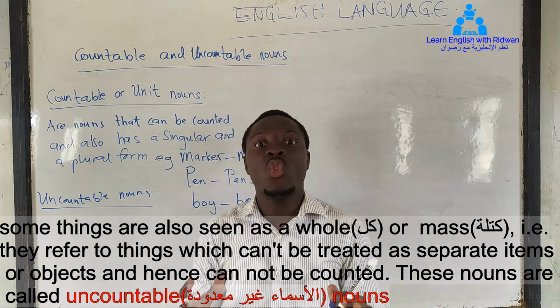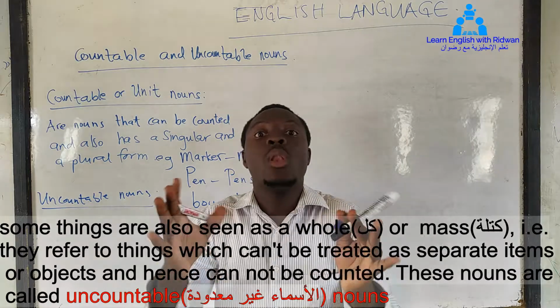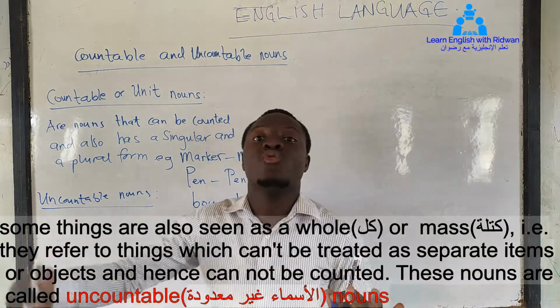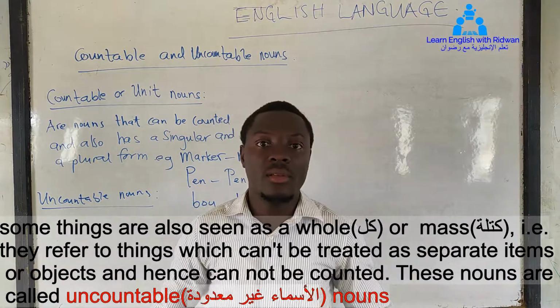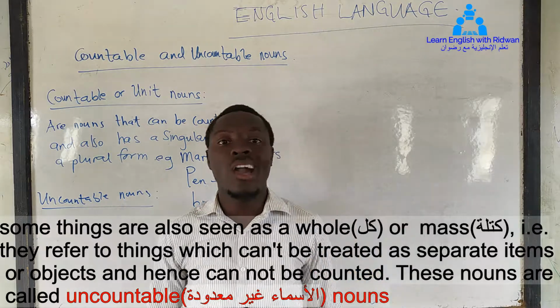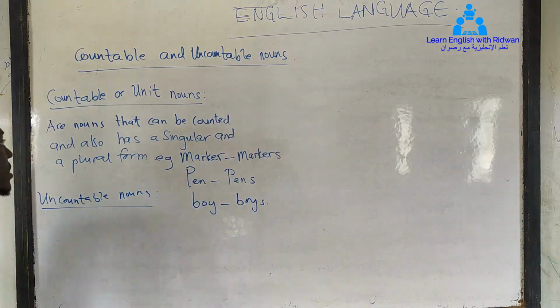هي يعني ينظر إلى الأسماء ككل أو كتلة. فهذا هو، ولا يمكننا الفصل عن بعضها ببعض، لذلك سميت ماذا؟ uncountable nouns أي الأسماء غير معدودة. So we have uncountable nouns. So we say what?